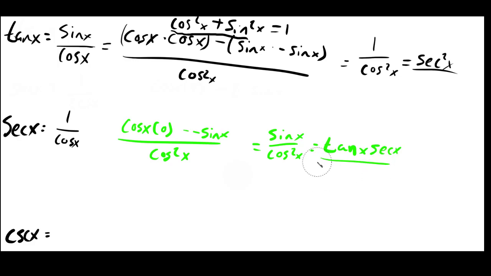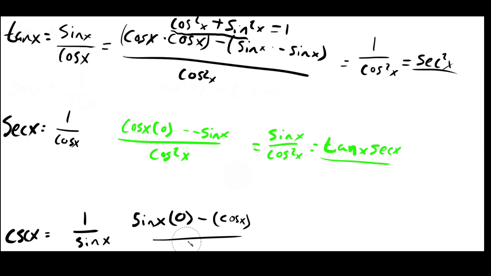So there's that. And then cosecant x is just 1 over sine x. Let me write this in a different color. 1 over sine x. So once again, quotient rule. Low, that's a sine, that's an S, not a 5. Low d high minus high d low over low squared.